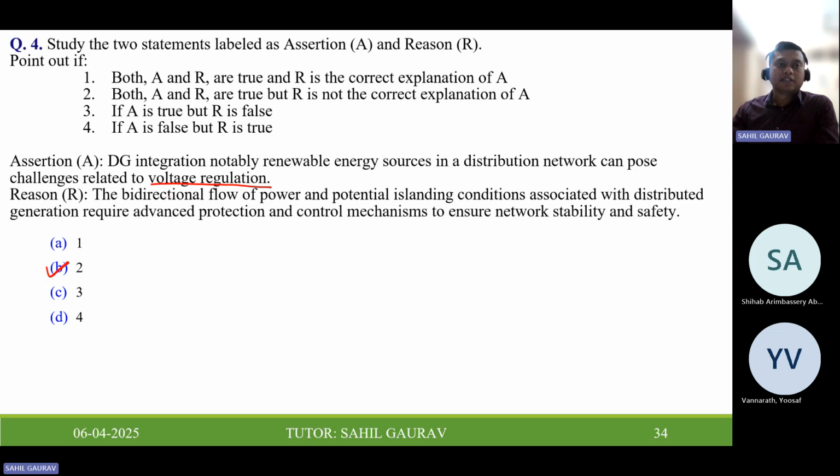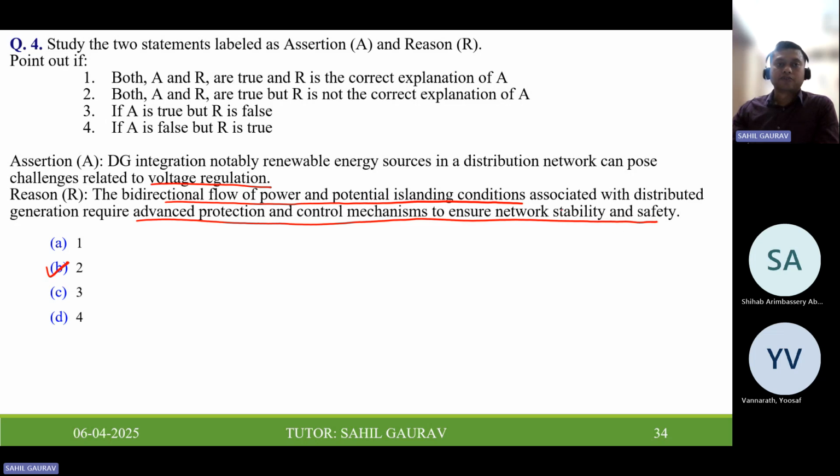So I think the reason should be the mismatch in power demand. That can impose voltage regulation problems, but the reason they have given is different: the bidirectional flow of power and potential islanding conditions require advanced protection and control mechanisms to ensure network stability and safety.